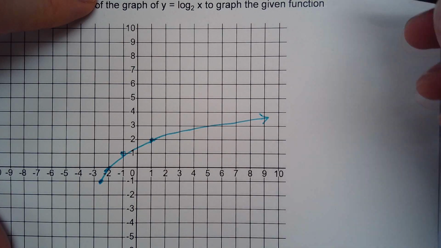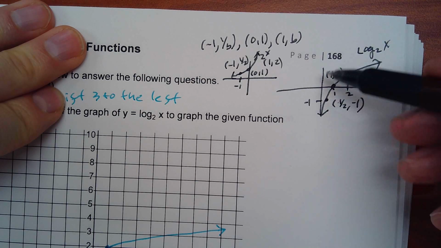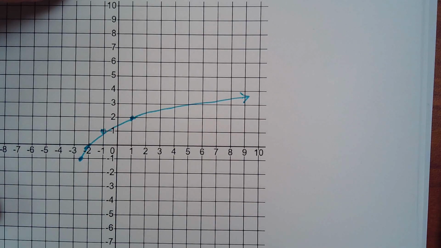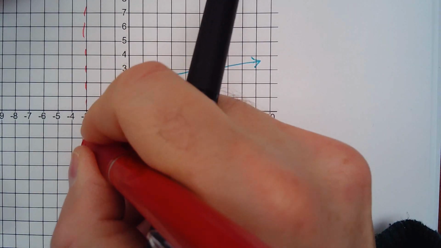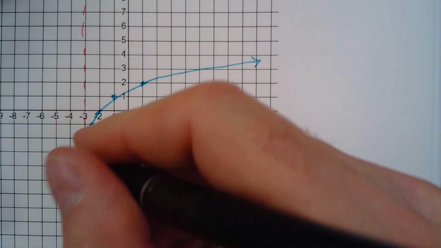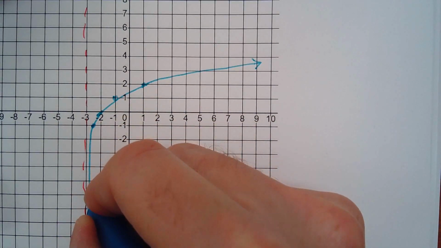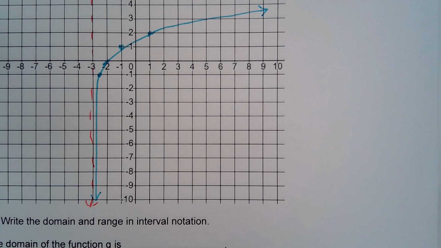Now remember, this had a vertical asymptote of x equals 0. That also gets shifted left 3. So my vertical asymptote is now over here, and my graph is extending down here, getting closer and closer to that line.